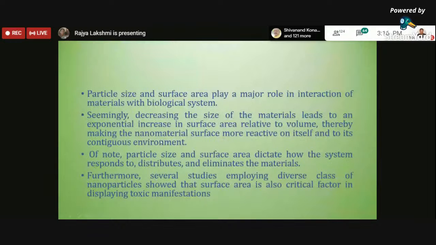Because of this, the nanomaterial surface is more reactive, on itself and to its contiguous environment. One best example related to surface properties is the lotus leaf, whose surface is highly reactive because of nanostructured particles on the surface.